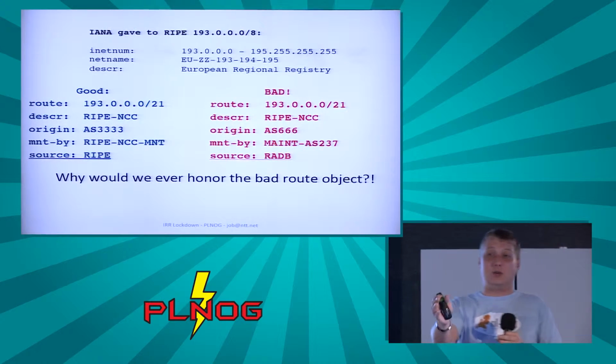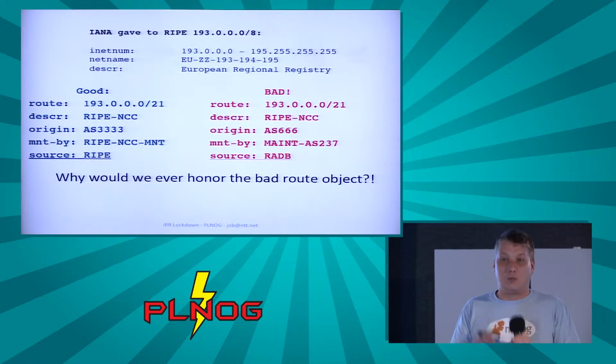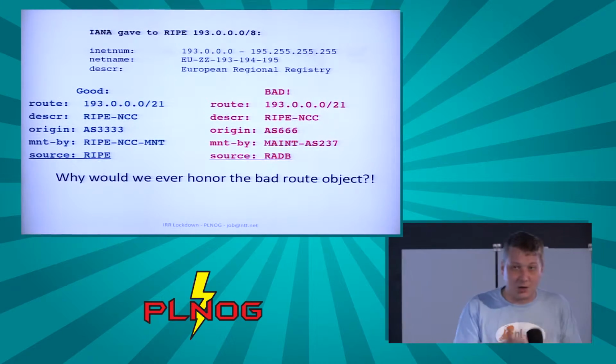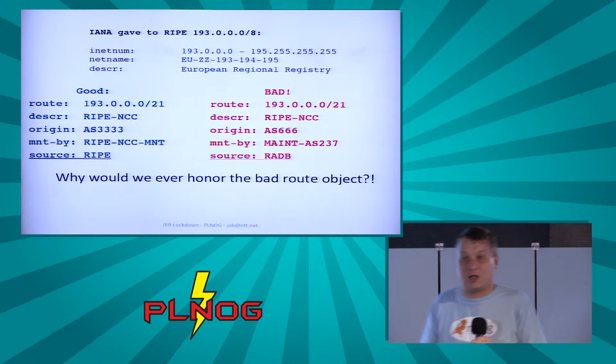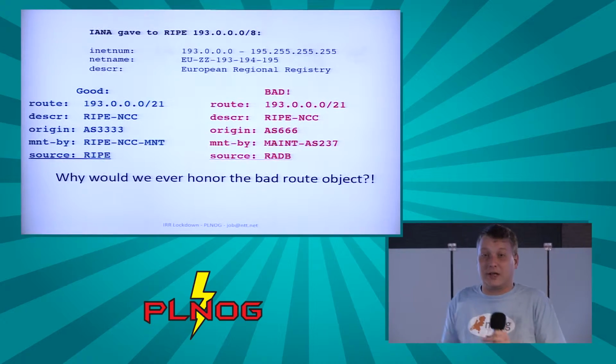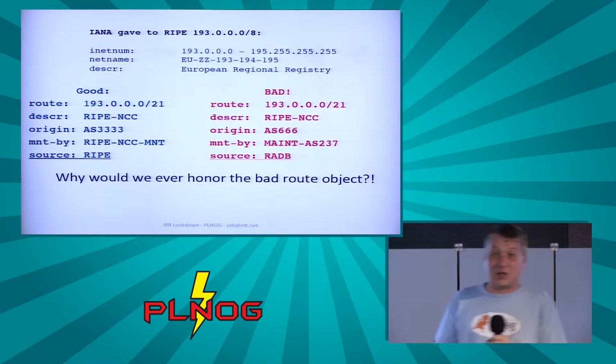My question to you in that regard is, why would we ever honor route objects for which we have no certainty at all that they are actually valid or not created by malicious people?